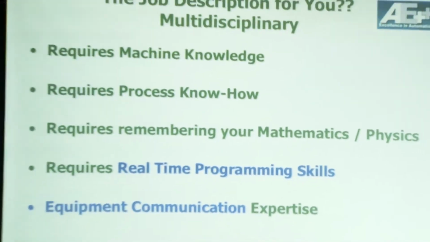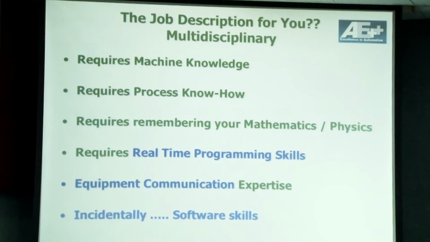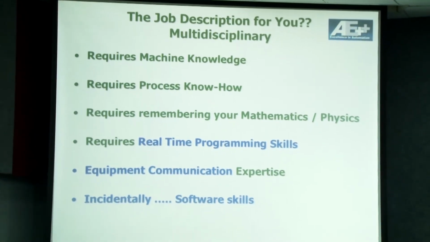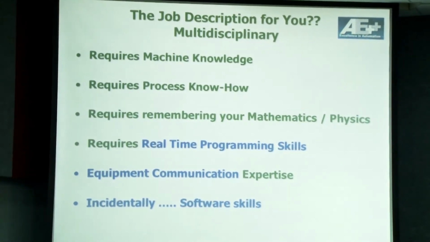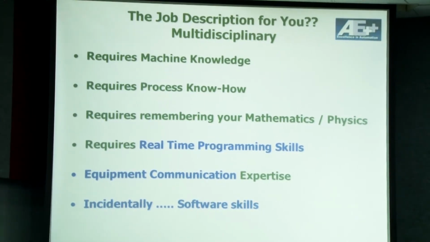So it requires machine knowledge, process know-how, remembering your mathematics and physics, real-time programming skills, equipment communication expertise, and incidentally, a lot of software skills. Therefore, if you look at industrial automation as a disciplinary area, I think there's a huge possibility there.